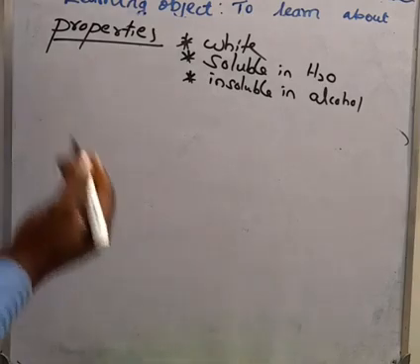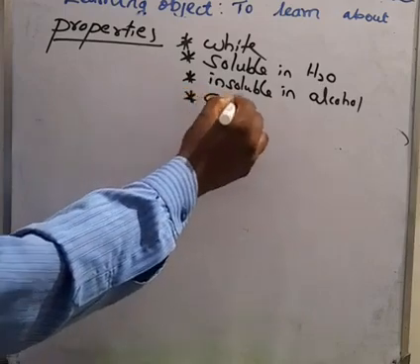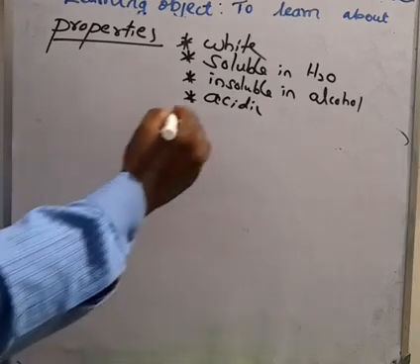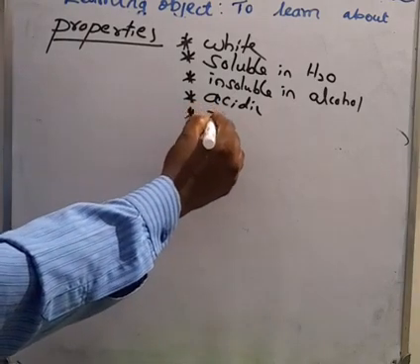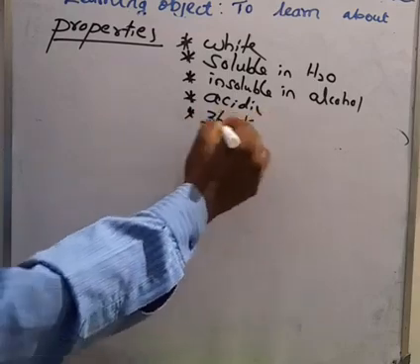The aqueous solution is acidic. What's the reason? Due to the hydrolysis of aluminium sulfate. It melts at what temperature? It's one word for the temperature: melting point. 365 Kelvin.